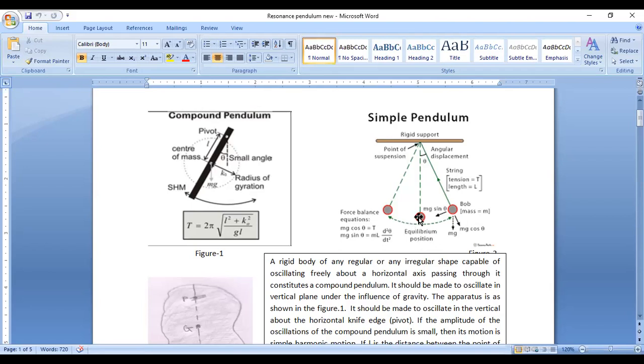It does not depend upon the mass of the spherical bob. Here you have a point mass, but in case of a compound pendulum, you don't have a point mass. The mass is distributed along the length of the pendulum, and that's the difference between the simple pendulum and compound pendulum. Using the compound pendulum, we want to understand the phenomenon of resonance.